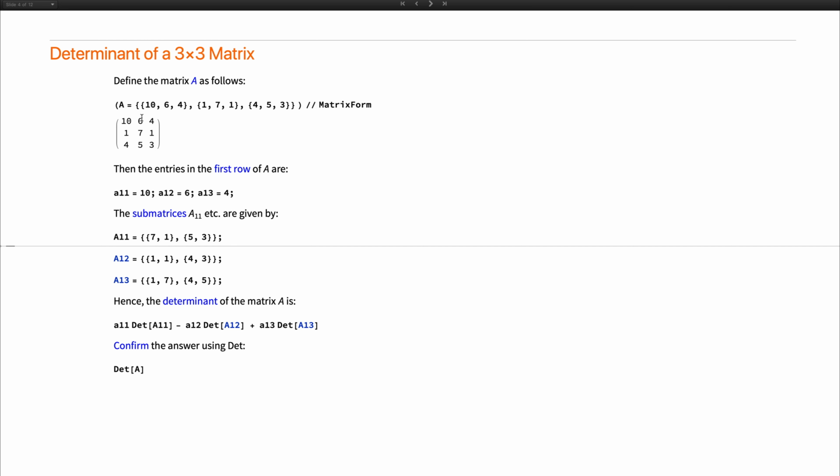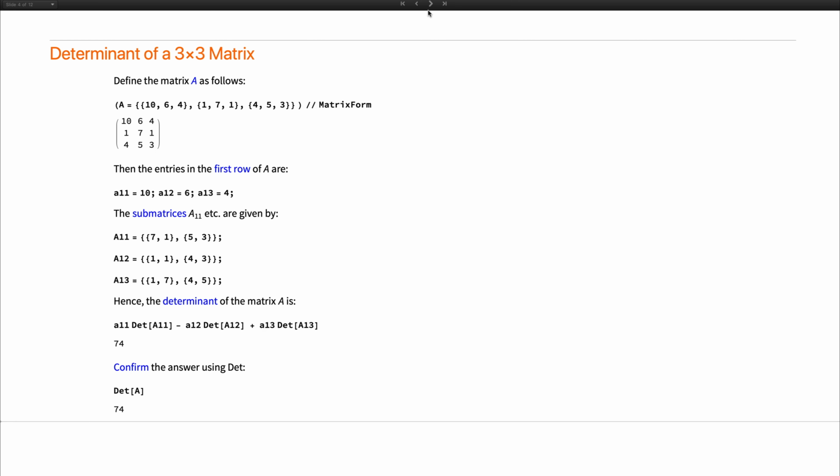Then you take the element 6 and delete its row and column, and you get the submatrix 1, 1, 4, 3. Then you do the same with 4, and you get the submatrix 1, 7, 4, 5. The determinant is going to be the elements of the row times the corresponding determinants of the submatrices. If you do that, you get the answer 74, and you can check it with Det to get back just the same number.